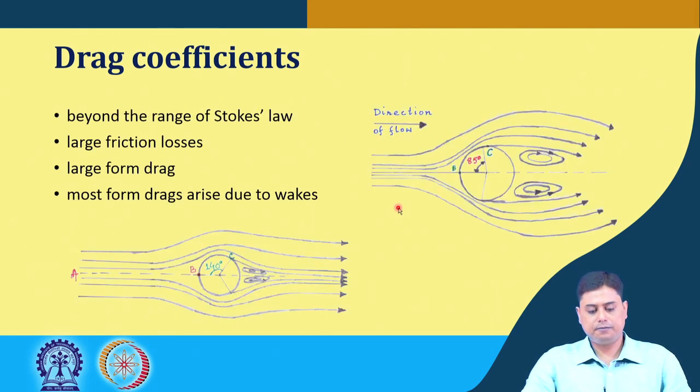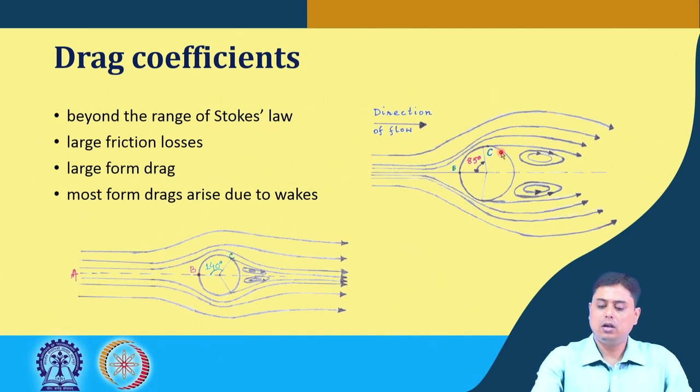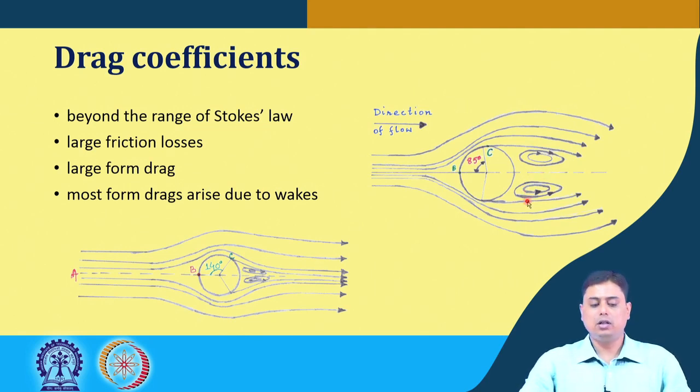And in these cases, well beyond the range of Stokes law, flow separation happens. For example, this schematic shows a laminar flow across a spherical object, where the flow separation happens at point C. This point C is the separation point, point B we call the stagnation point, and the wake formation occurs.